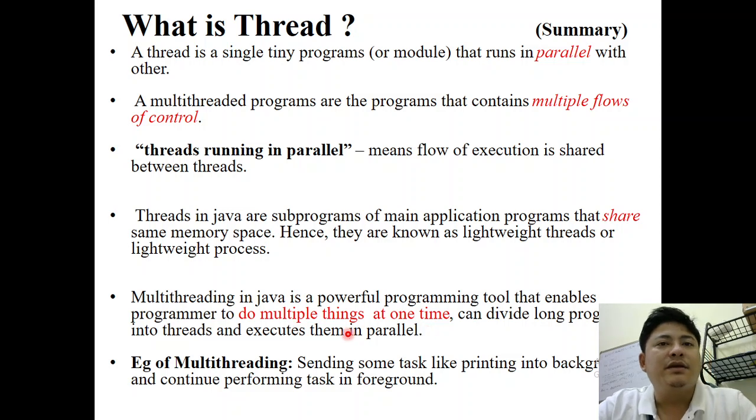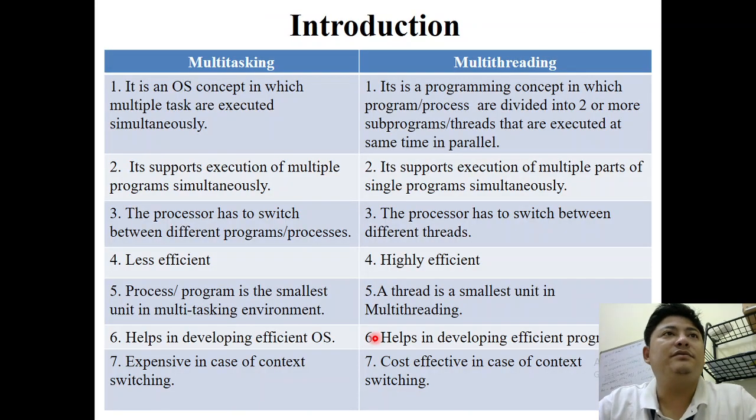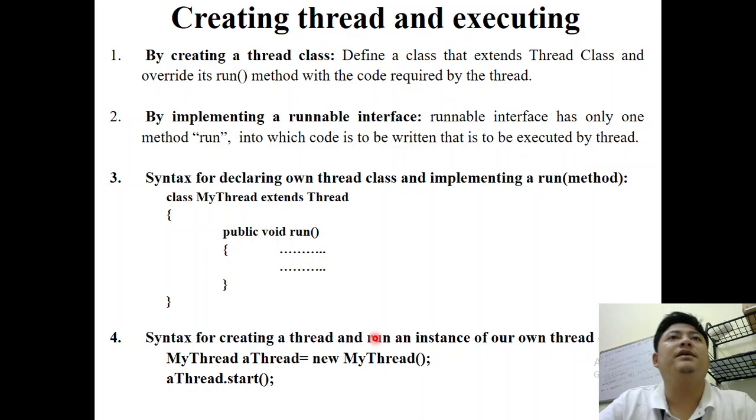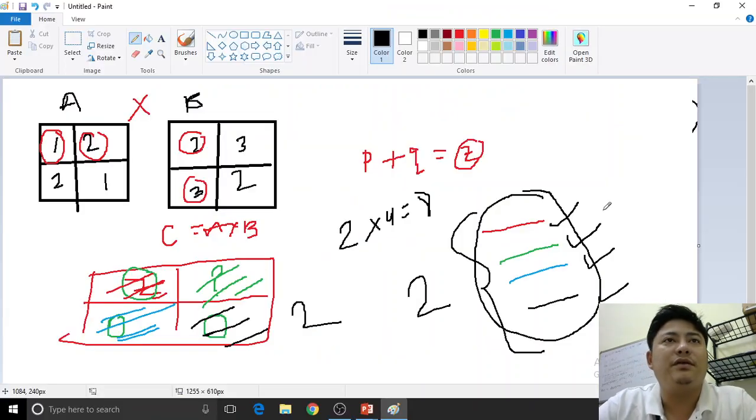So this we have seen; you can go through it on your own at the end. Now we'll directly jump into the programming part. How do we create a thread in Java?